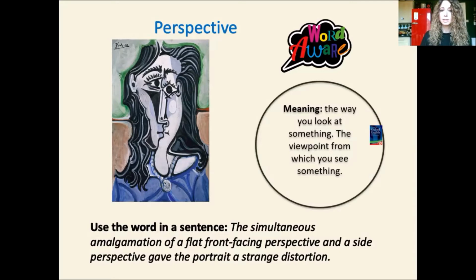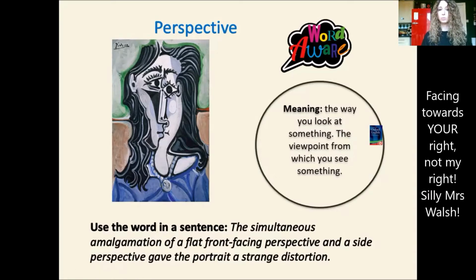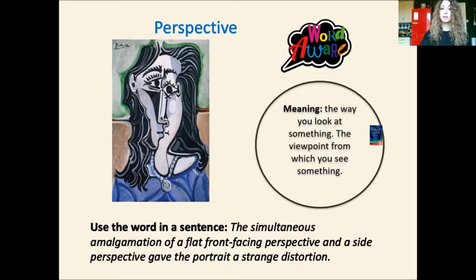If you have a look at this lady here, you can see on the left-hand side here a face that is looking towards the right, this way, a side profile of the face. I don't know if you can see that there. And then if we look on the right-hand side here, you can see the front-facing view.